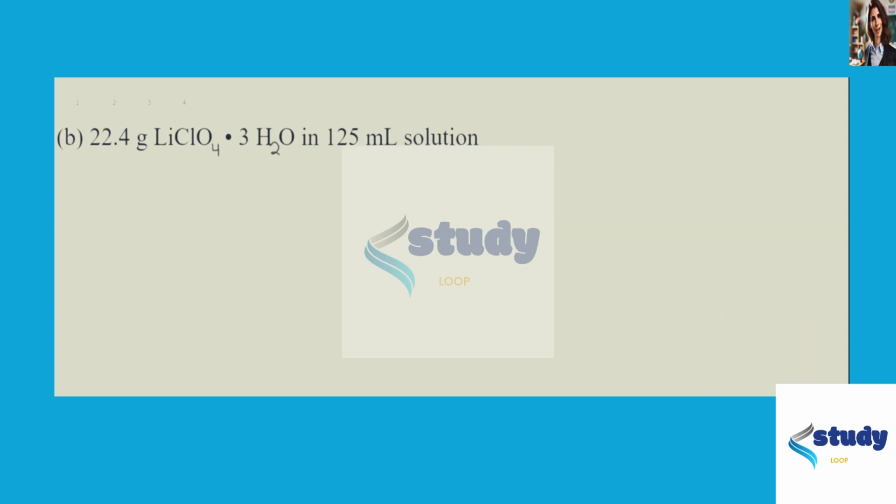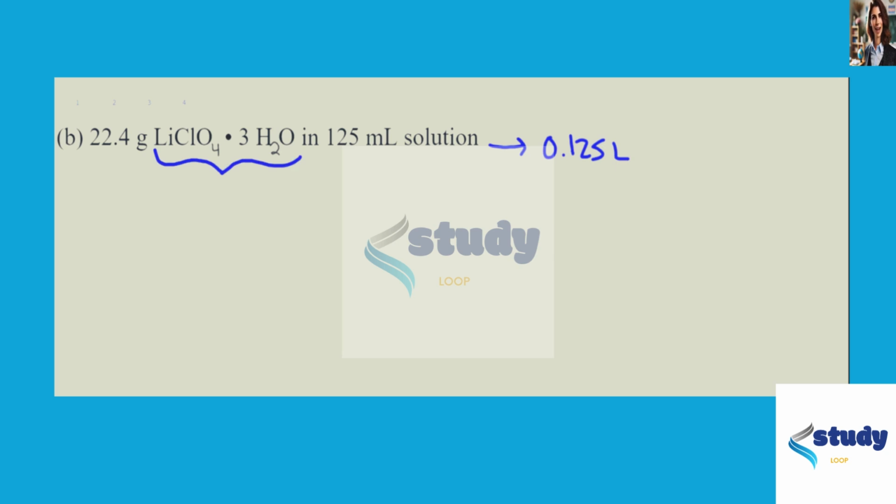In part B, again, we're given mass and we're given volume. We're going to do just as we did before. We're going to change this volume to liters. So this is 0.125 liters. And for the molar mass, we need to make sure that we find the molar mass of that entire formula.